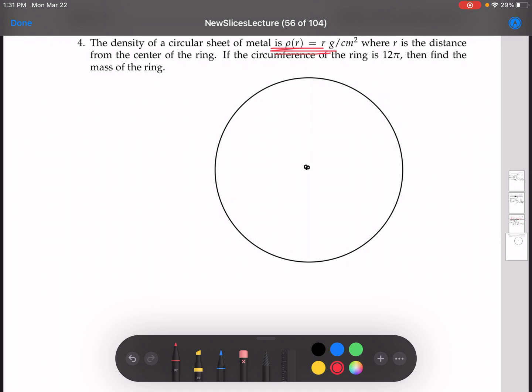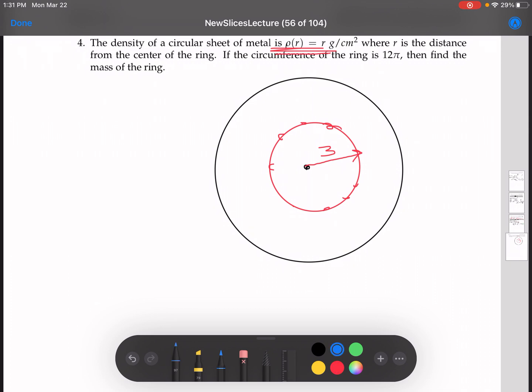What that's saying is that if we made our radius equal to 3, the density along this ring of radius 3 around the center, all the points along the edge of this ring, would have density 3 grams per centimeter squared.